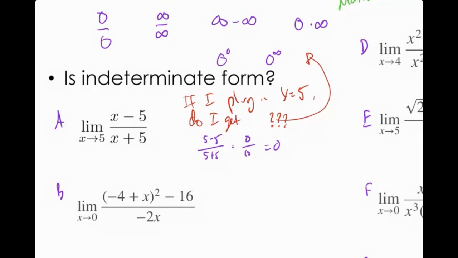So even though I do get 0 in the numerator, 0 in the numerator is not problematic. It's 0 in the numerator and the denominator that's problematic. So in this particular case, for this one, no, not indeterminate form.